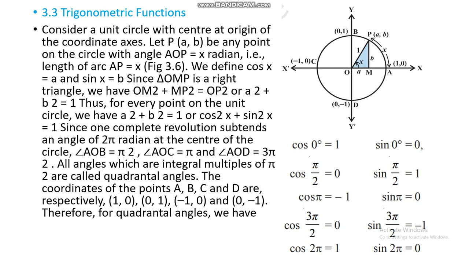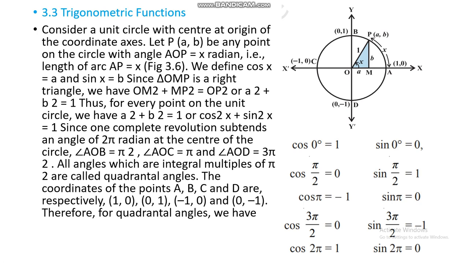So we can find from here cos 0 degree equals 1, and sin 0 degree equals 0. Similarly, cos pi by 2 at 90 degrees equals 0, sin pi by 2 equals 1. At 180 degrees, cos pi equals minus 1, and sin pi equals 0.